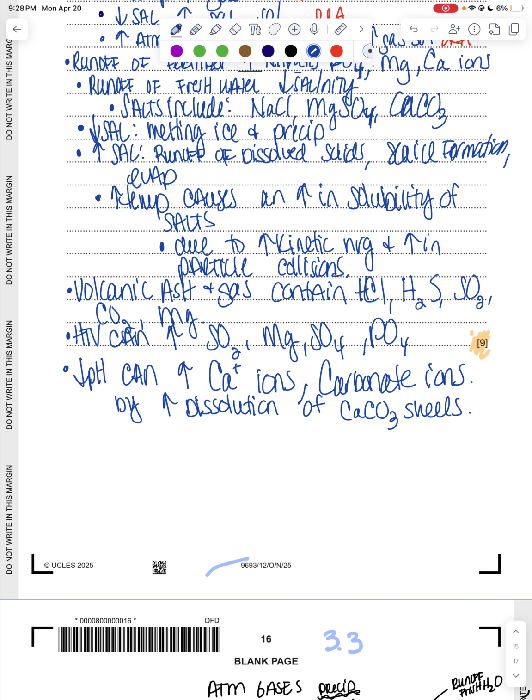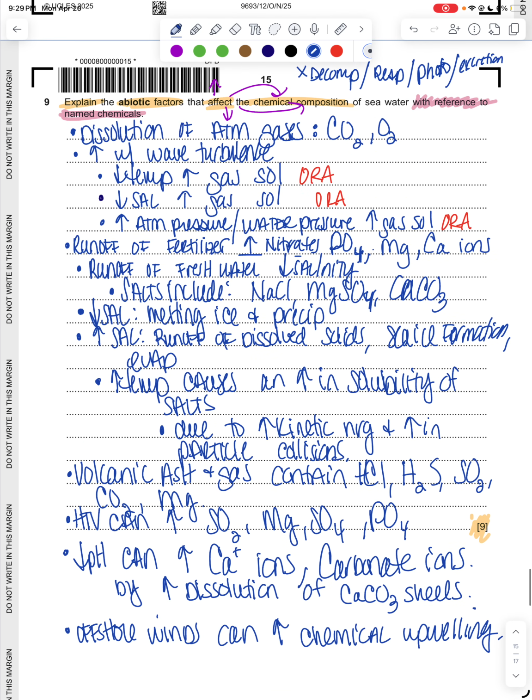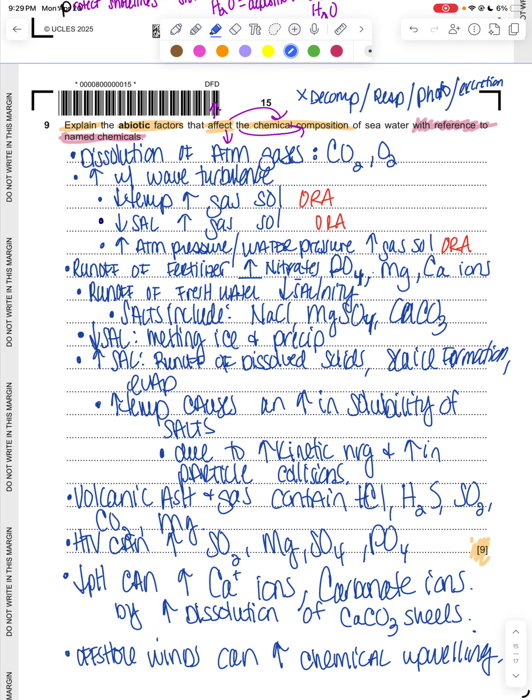Oh gosh, my hand hurts. Offshore winds can increase chemical upwelling. So essentially we highlight everywhere that we gave the example. It says with reference to named chemicals.